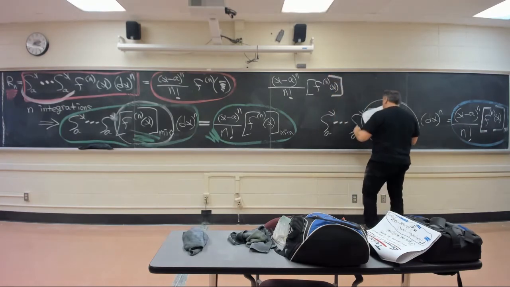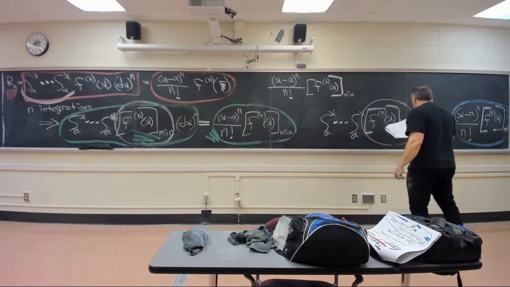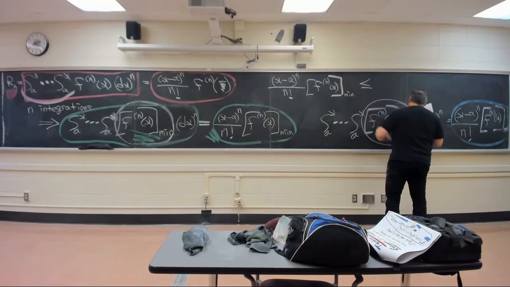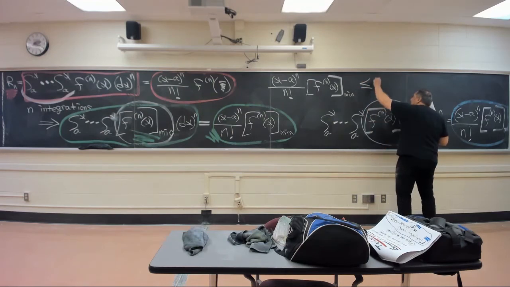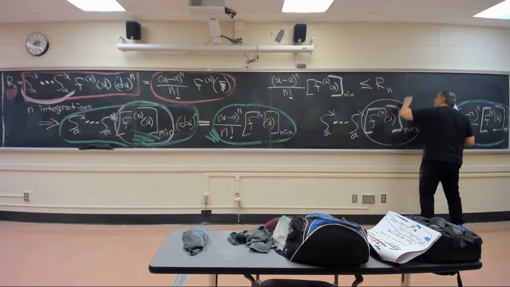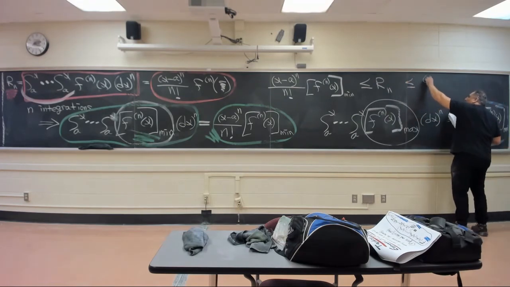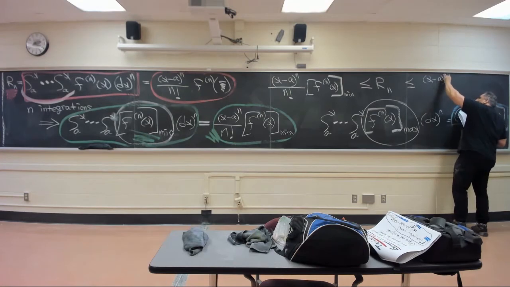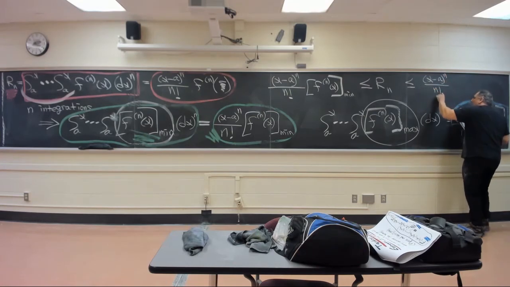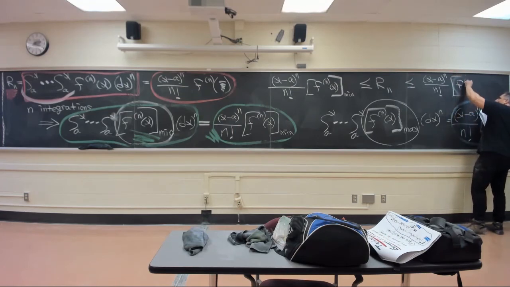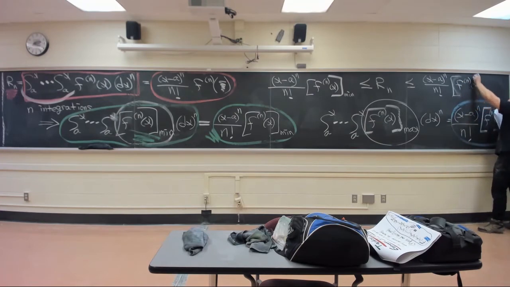Let's get that min value, and that's going to be less than or equal to r sub n, which is going to be less than or equal to the max, the nth derivative of f at x.